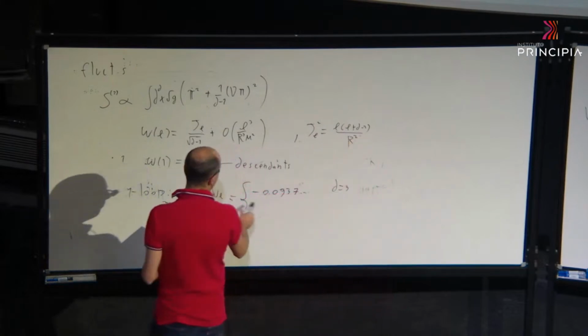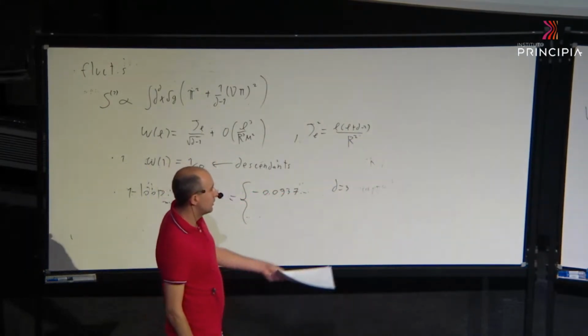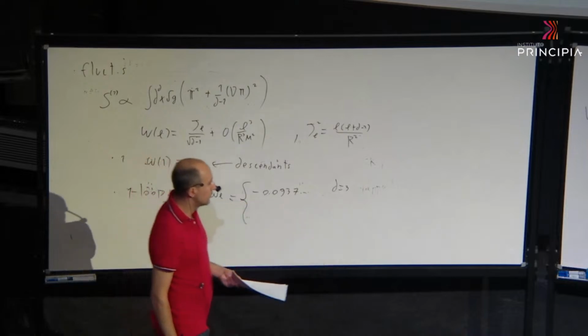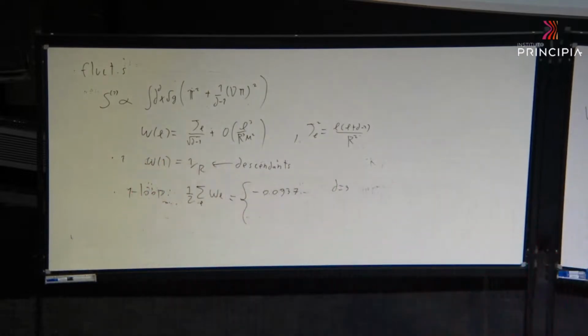And the reason why it's a number, once you properly regulate this sum, is that in this expansion that goes like, in d equal 3, let me just write this, alpha 1 q to the 3 half plus alpha 2 q to the 1 half plus q to the minus 1 half. So there is nothing which scales like q to the 0, and the Casimir energy goes like q to the 0. So nothing can renormalize the Casimir energy, so it should be finite.